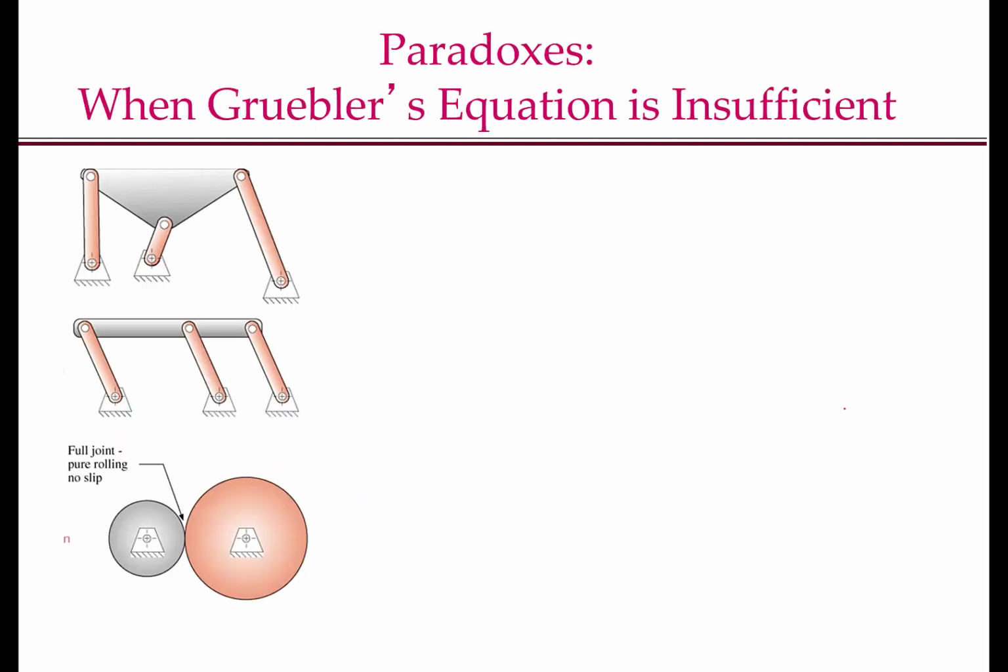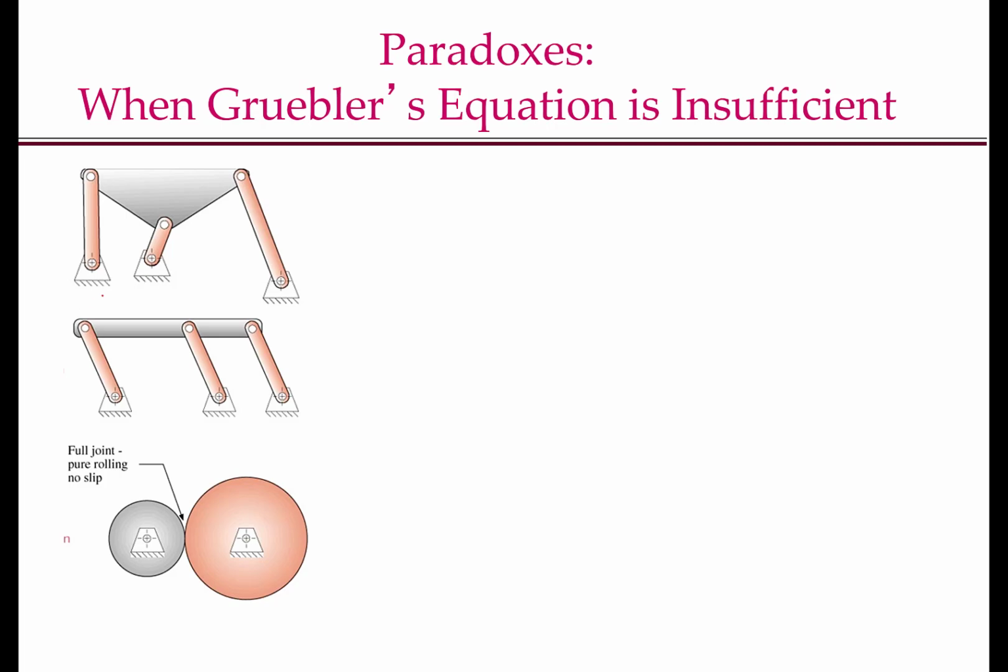So the question is that, does Gruebler's equation always give us the right result? The answer, unfortunately, is no. Sometimes it can lead to results that are incorrect, and these are called paradoxes.